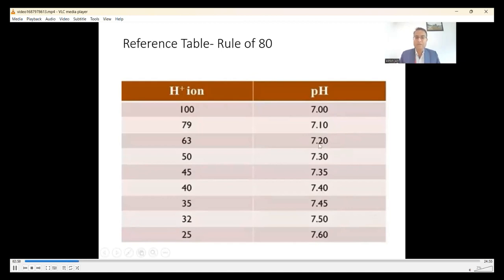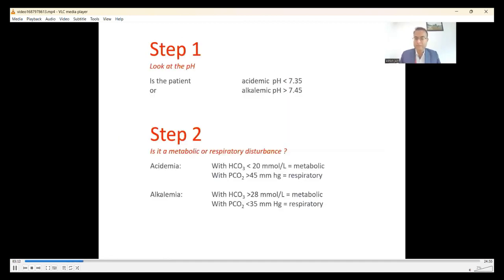Suppose our pH is 7.20, so we deduct the two digits after the decimal, 20, from 80, and that gives the expected H+ concentration. If the calculated and measured values are similar or approximate each other, it indicates our ABG is valid and we can interpret it.